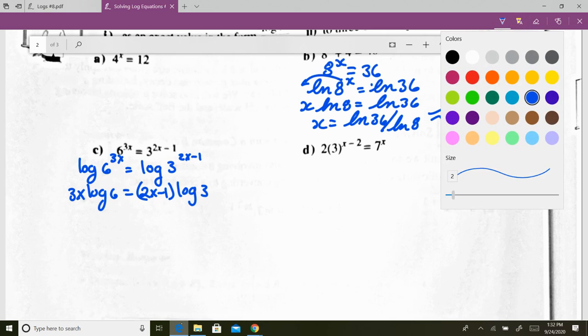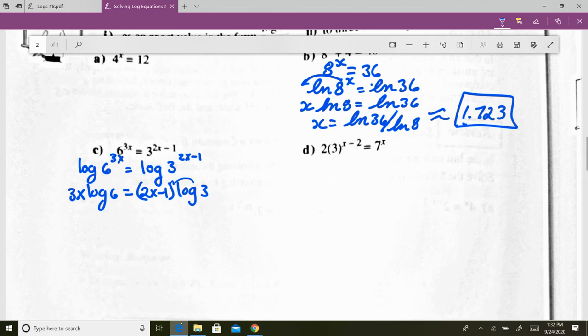So now you have to FOIL it in or distribute it. And I get 3x log 6 is equal to 2x log 3 minus log 3. Yeah, there's a 1 in front of it. Now, who remembers our algebra?